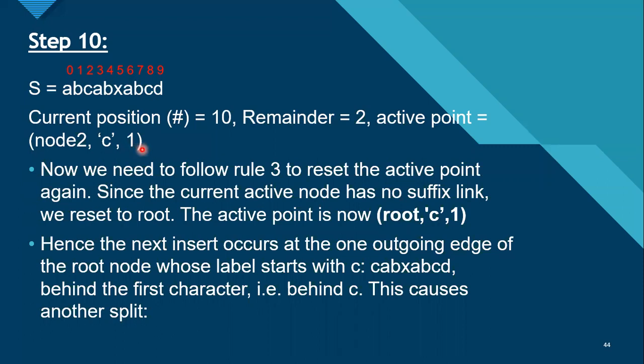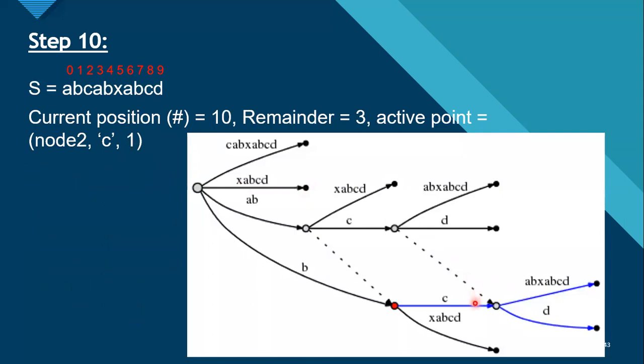But now, since we made a split from a node that is an active node, we have to follow rule 3 to reset the active point. And here, this new active node has no suffix link.